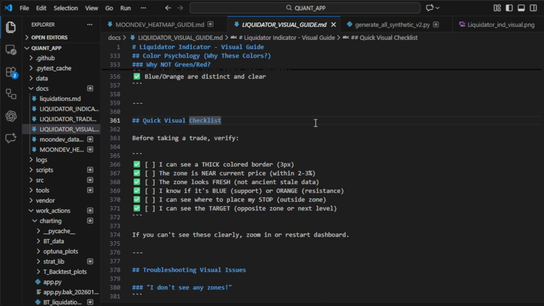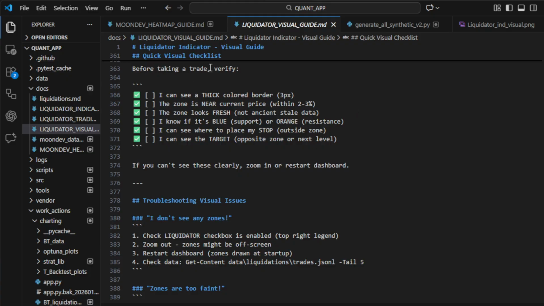Quick visual checklist before taking a trade, verify. So these are maybe handy to write down and put in front of you at your desk, so if you're not sure how to use it, you can see what you have to do.